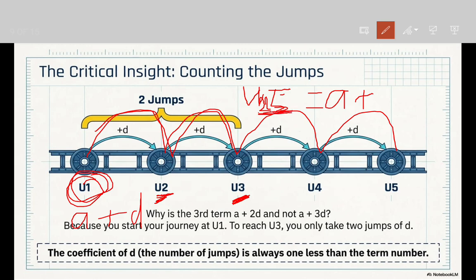The term number is 25. So what is 1 less than 25? It is 24. This is how we build our arithmetic progression.